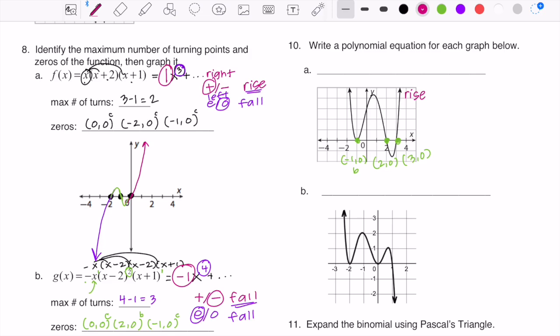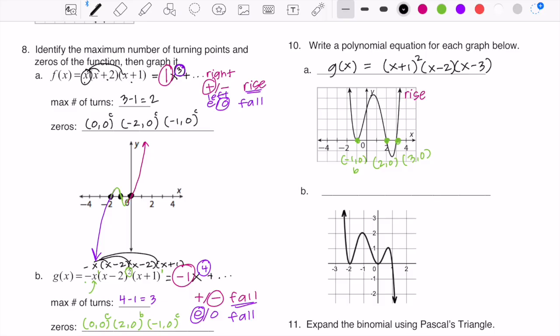So that's going to tell us our leading coefficient is positive. So g of x, you could pick whatever letter, equals, it's going to be a positive 1, and then I have x plus 1, because I'm going to do the opposite of that negative 1, but I'm going to make that squared because it's bumping or is tangent to the x-axis. Then I have x minus 2, and then I have x minus 3.